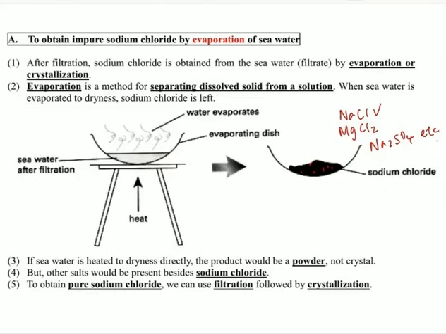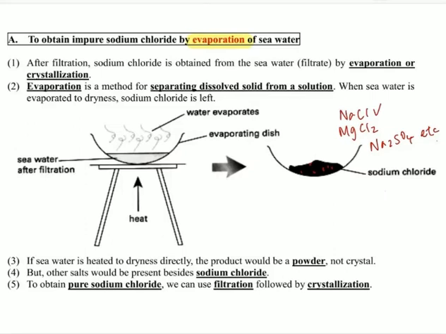It contains sodium chloride, but it is not pure because it mixes with other salts inside seawater. For example, sodium sulfate, magnesium chloride, and all other salts that are present. So evaporation cannot help us to obtain pure sodium chloride, it can only evaporate all the water away.